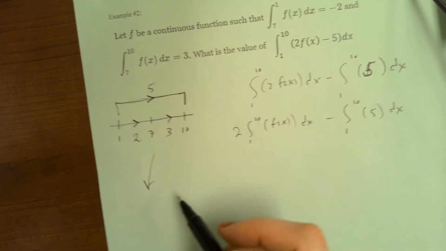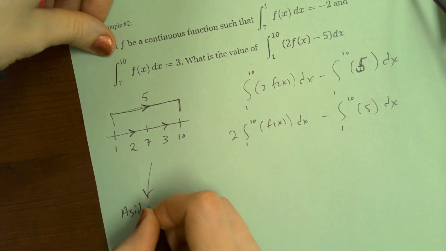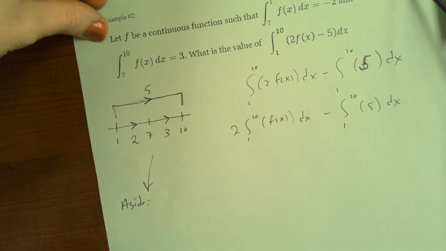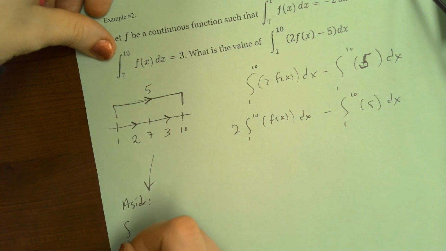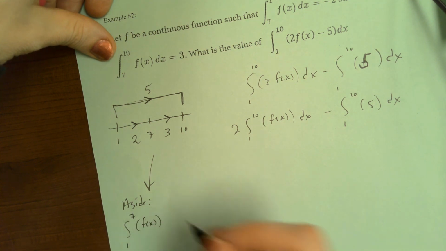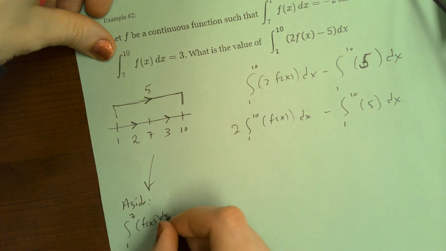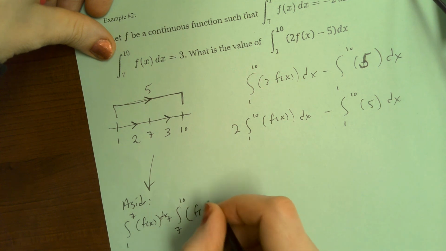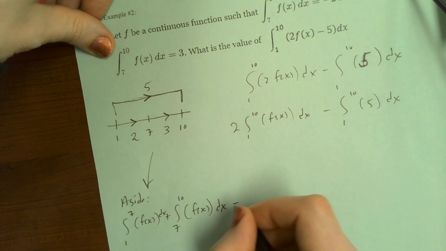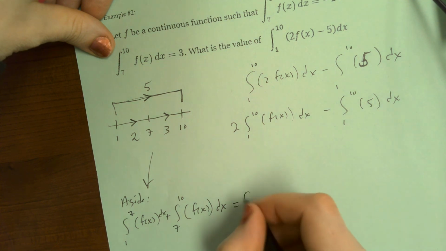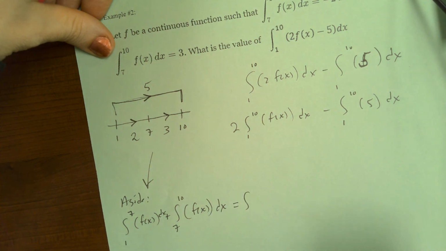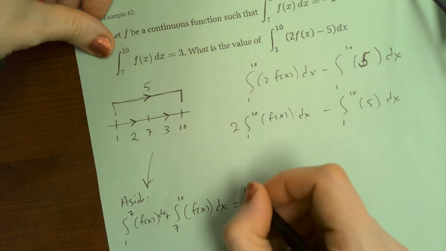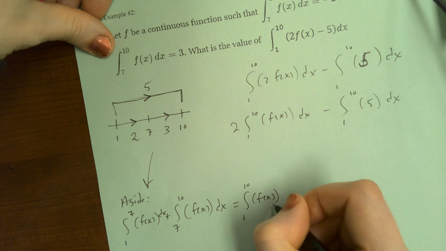Okay, so from here, I'll do a little aside. I've got the integral from 1 to 7 of f of x dx plus the integral from 7 to 10 of f of x dx equals the integral from 1 to 10 of f of x dx.